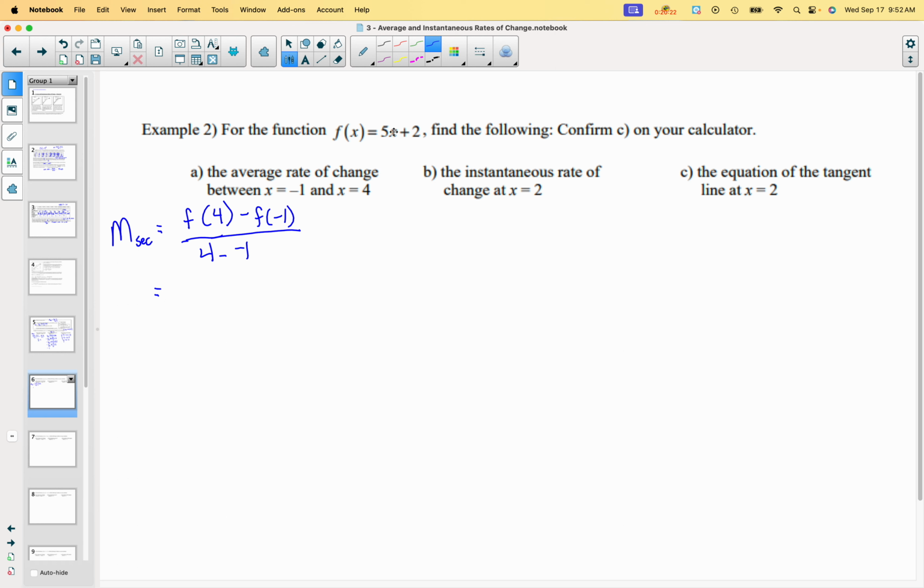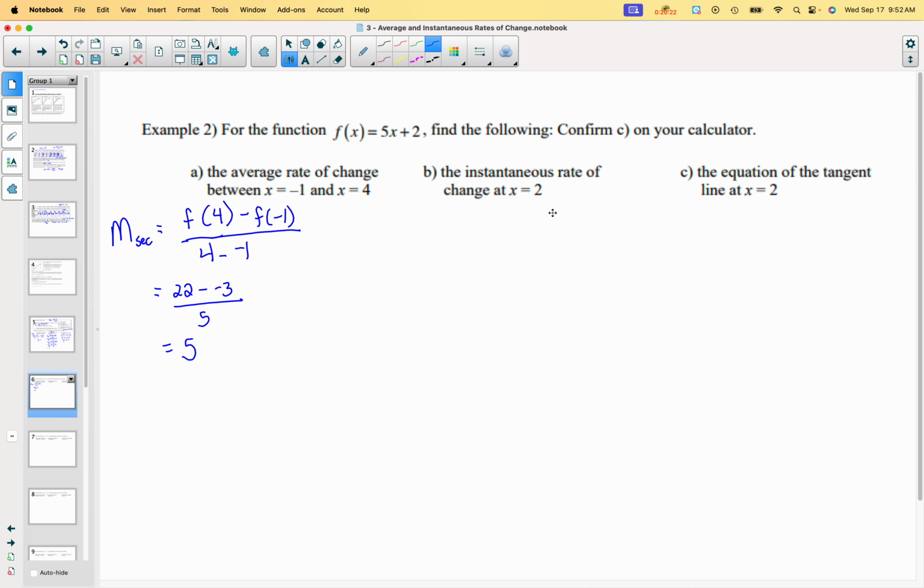So if you plug in a 4, you get 22. If you plug in a negative 1, you get negative 3. Here in the denominator, we're going to have 5. So we get 25 over 5, which is 5. That's the slope of my secant line.